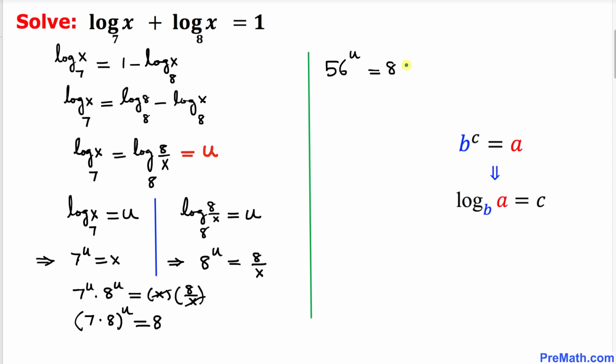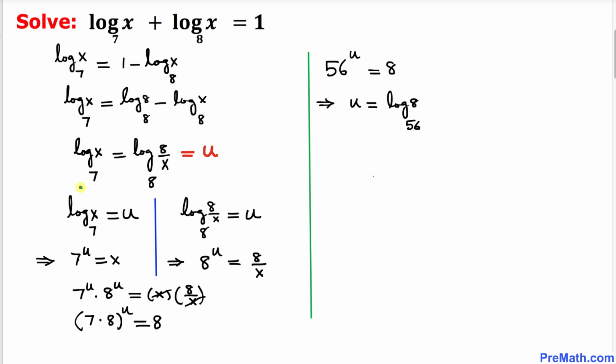In this next step, let's convert this exponential form into logarithmic form by using this fact. So u equals log of 8 with the base 56.